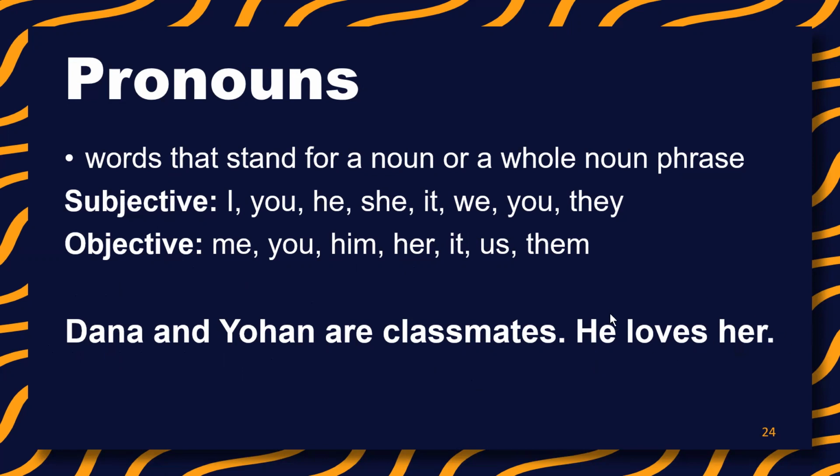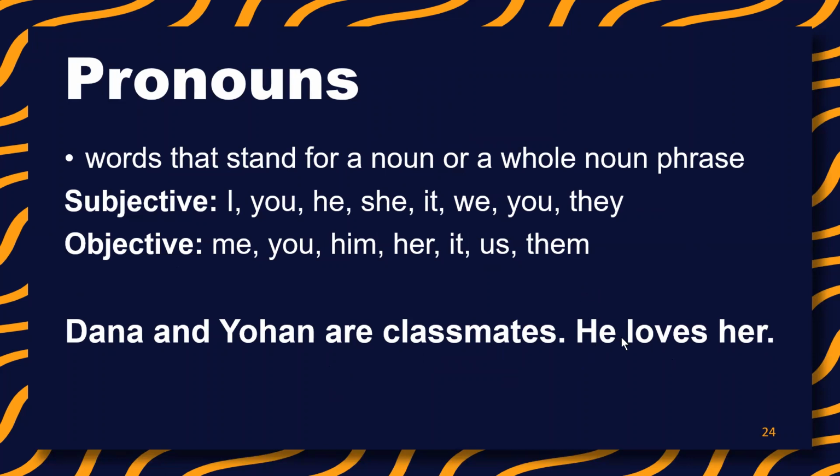Johan loves Dana. So instead of saying that, since na-state naman kung sino si Dana kag Johan in the first sentence, you could just substitute it with the use of your pronouns. So he, ang he nga ginamit dire, it's clear, he nga ginamit is si Johan, and her, who is the person that he loves, her refers to Dana.